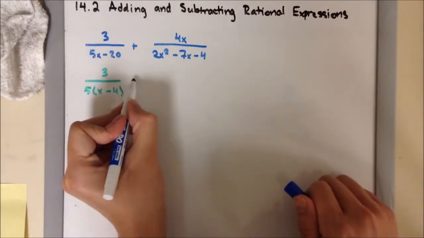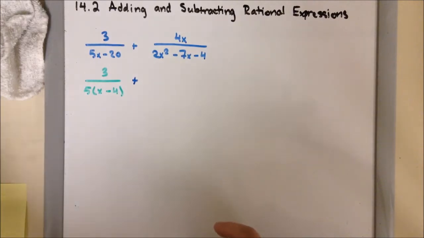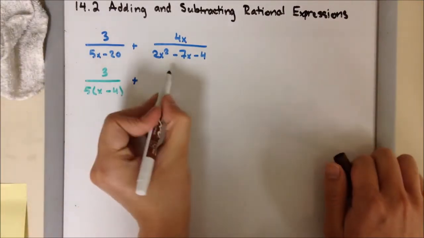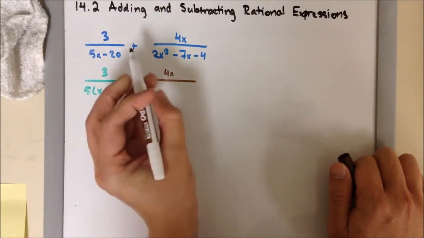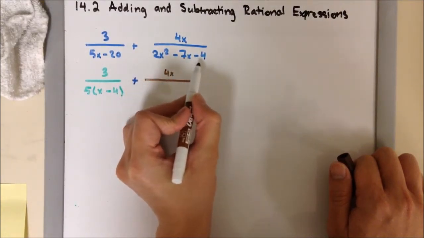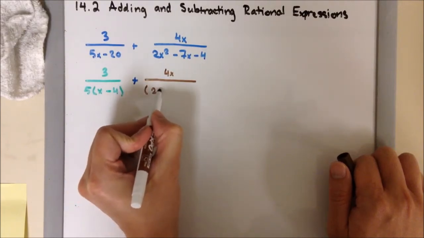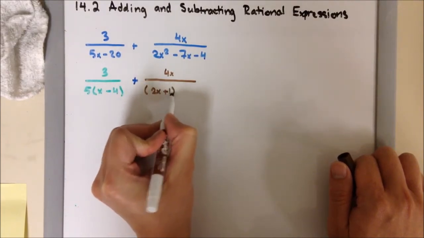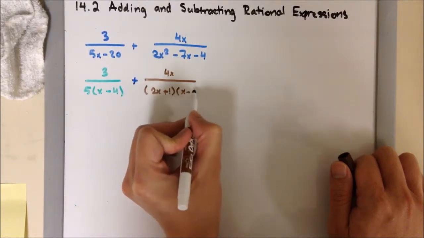And let me write my plus. Now for the second fraction, when you factor 2x squared minus 7x minus 4, your factors should be 2x plus 1 times x minus 4.